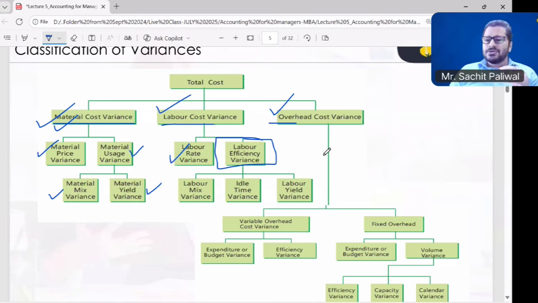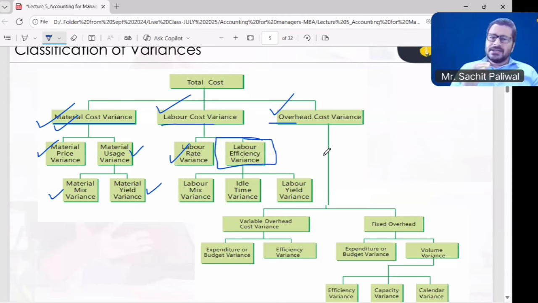Yes, if there's no difference, there's no variance, so at par there's no variance. If you manufacture the mobile at 95 where the standard was 100, this variance is favorable, because in cost accounting, below the standard is a favorable situation.